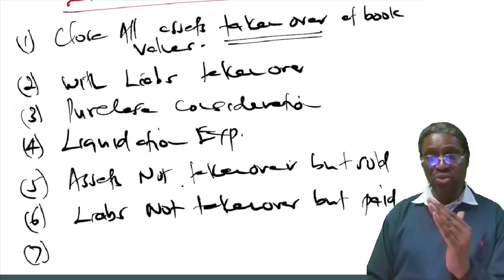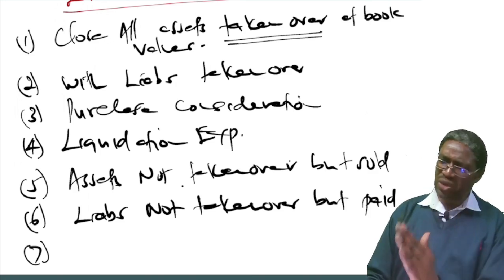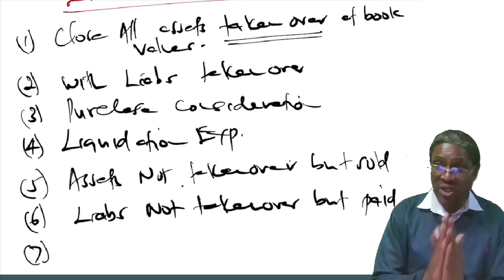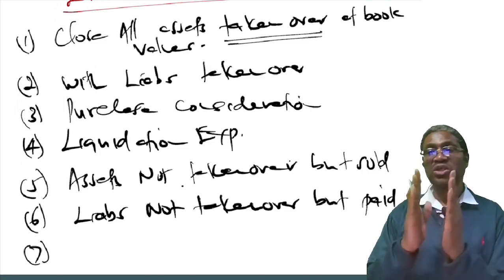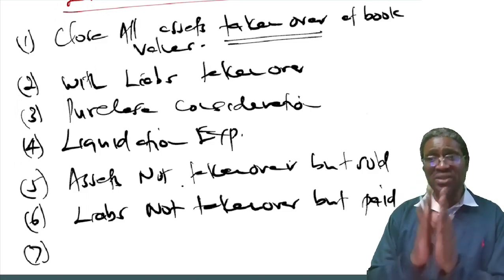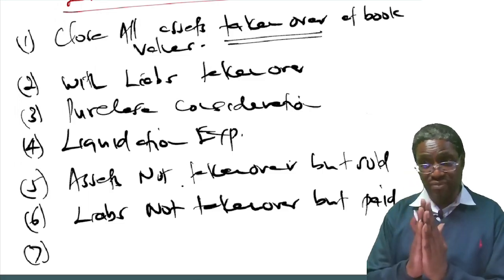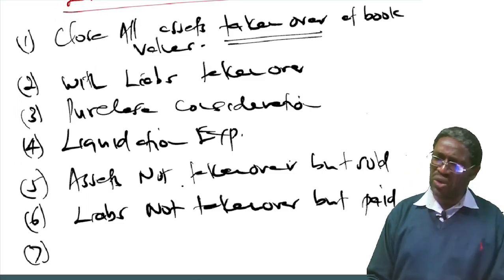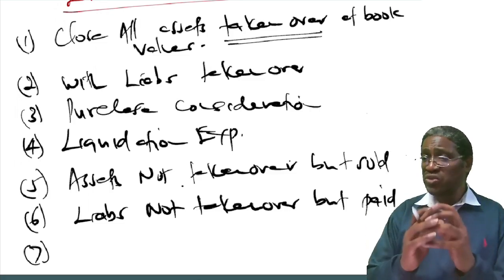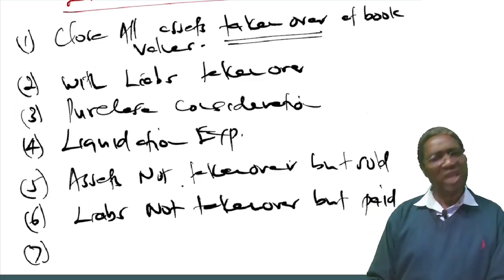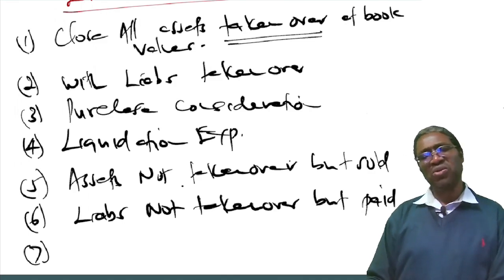I also told you, when a company is liquidated, the stakeholders are paid what is due to them. One group of stakeholders in this company are the ordinary shareholders. Another group of stakeholders could be preference shareholders. They have to be paid what is due to them.